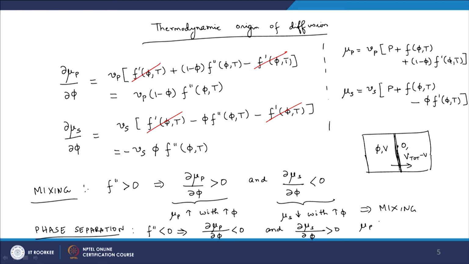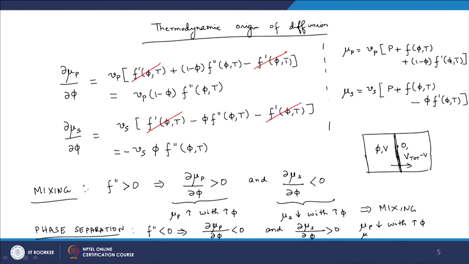Now, it means that mu p decreases with increasing phi. So, if mu p is decreasing with increasing phi, then the concentrated solution will prefer remaining concentrated, it will not like to be dilute. On the other hand, the mu s is actually increasing with increasing phi. So, the pure solvent will prefer remaining pure solvent because when it mixes with the solute, the volume fraction increases and the chemical potential also increases.